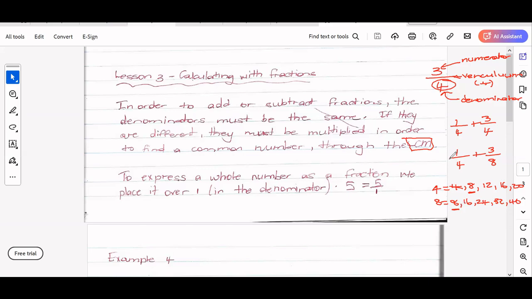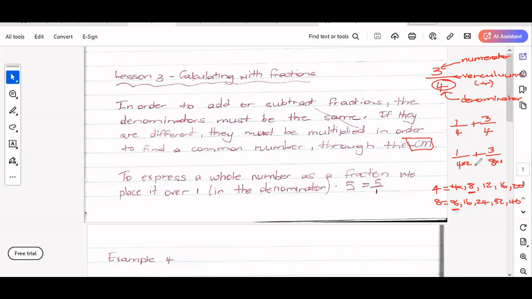So, which simply means in this equation, we are trying to make the denominators both equal to 8. Now, in order to do that, we have to multiply 4 by 2. 4 2s are 8, right? And we don't have to do anything with the 8 because it's already 8. 8 by 1 is 8, right?